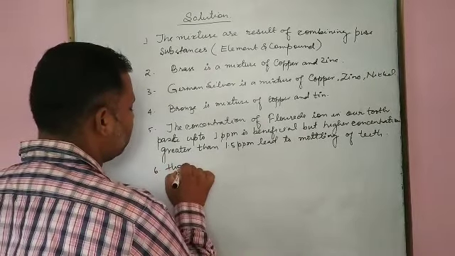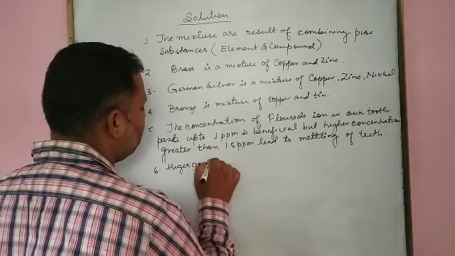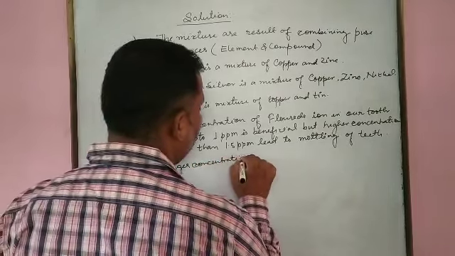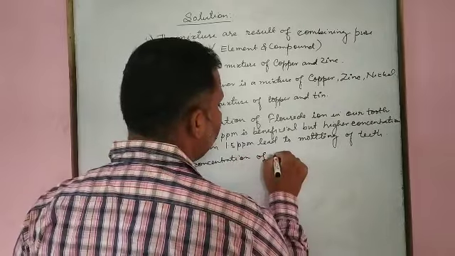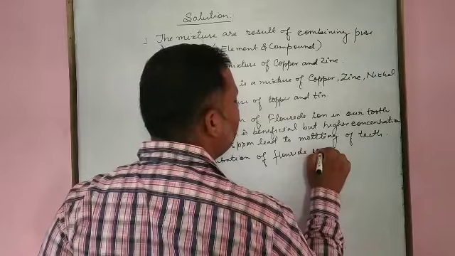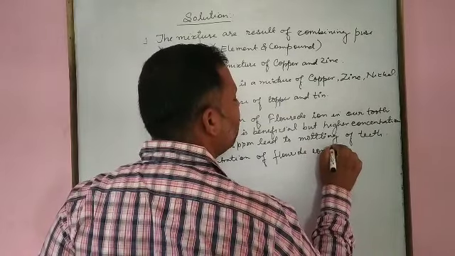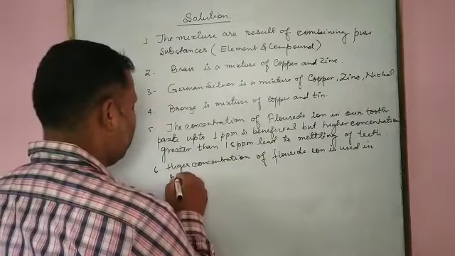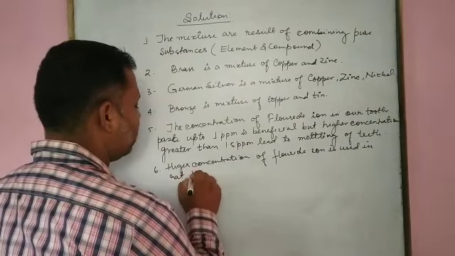The next, a higher concentration of fluoride ion is used in rat poison.